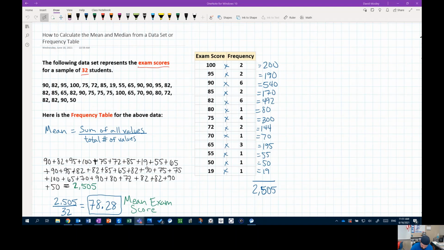We do 2,505 divided by 32, and we get approximately 78.28. And again, that is the mean score. So this is how we can calculate the mean.